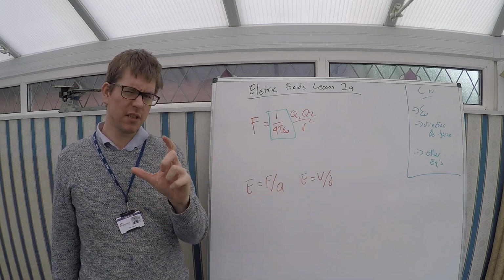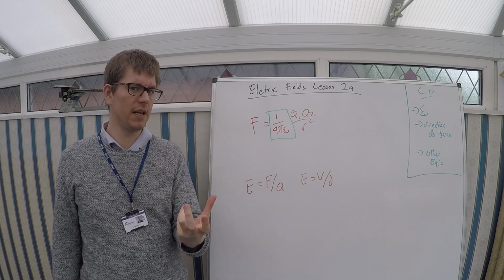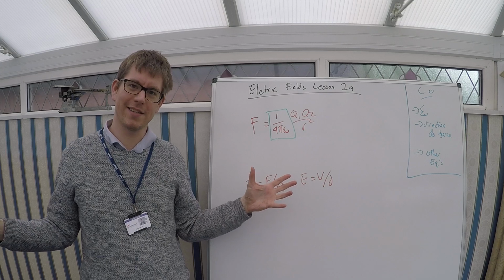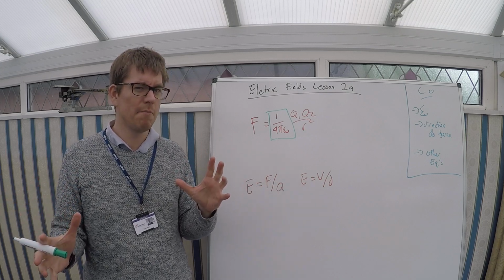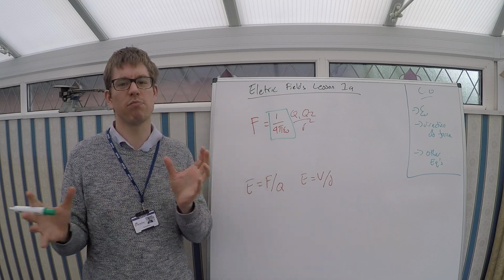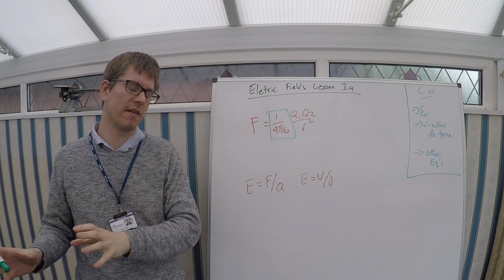But electricity isn't like that. Electricity changes massively depending on the medium through which it's propagating, which you probably noticed. Electricity in water is really, really exciting, whereas electricity in bricks, nothing really happens. So electric fields aren't like gravitational fields.